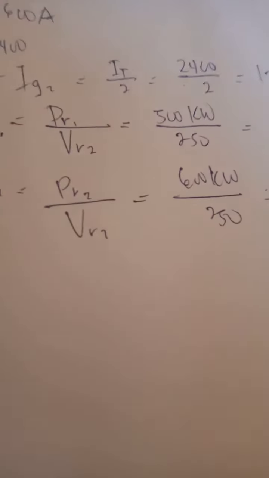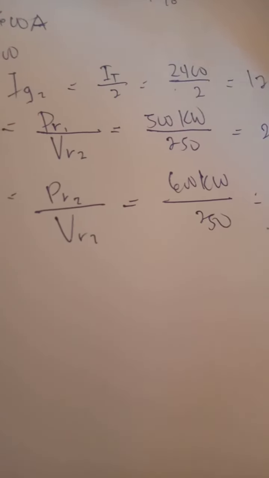For the next generator, we have P_R2 over V_R2 is equal to 600 kilowatts over 250. Then we have 600 times 10^3 divided by 250. We have 2,400 amperes.